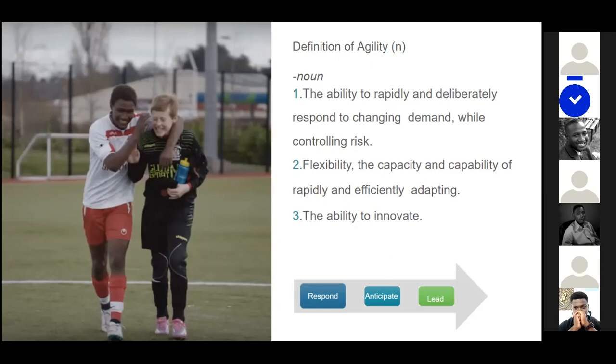So that flexibility, the capacity and capability of rapidly and efficiently adapting, the ability to innovate, we can come up with innovative products. We all know the restrictions CBN is placing in terms of foreign transactions.